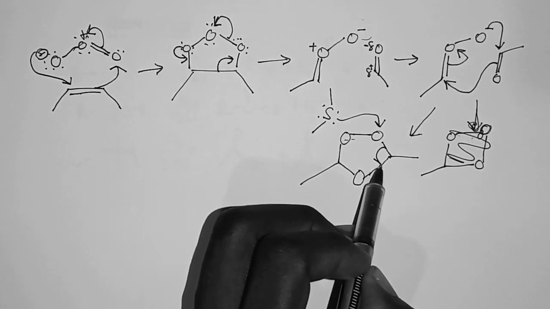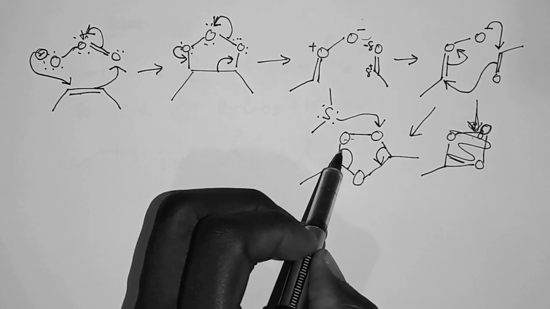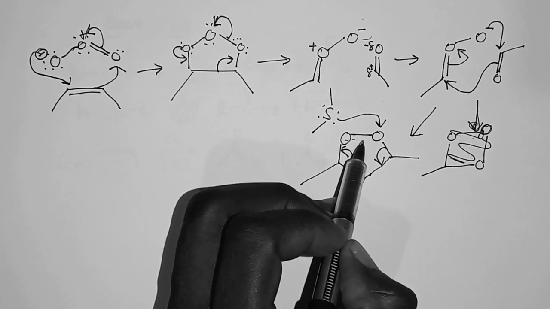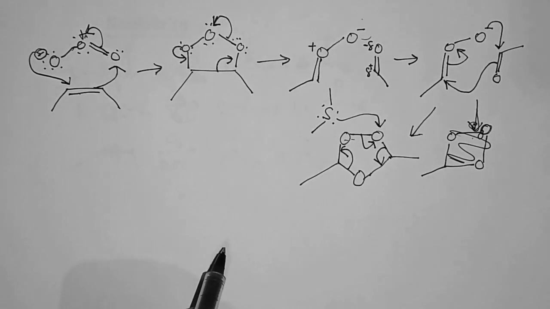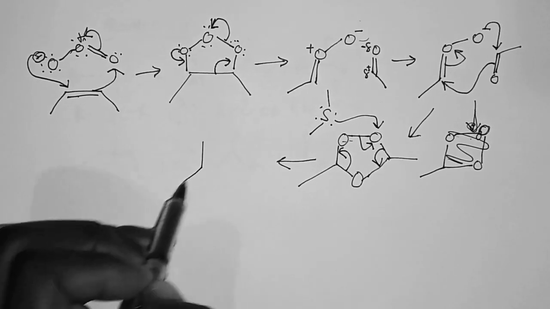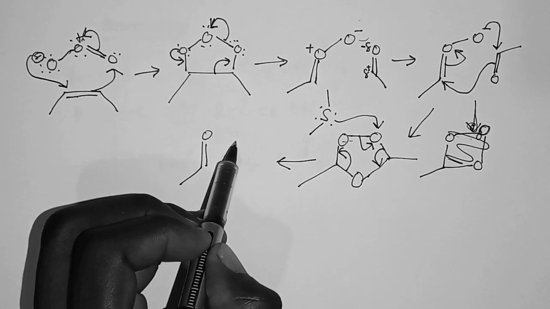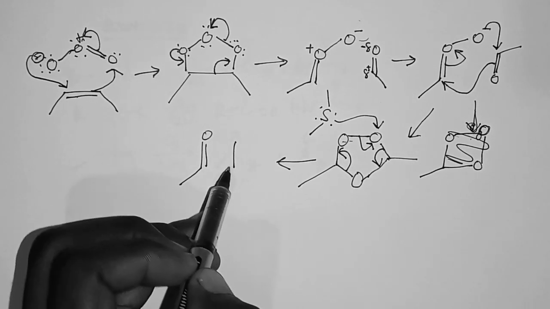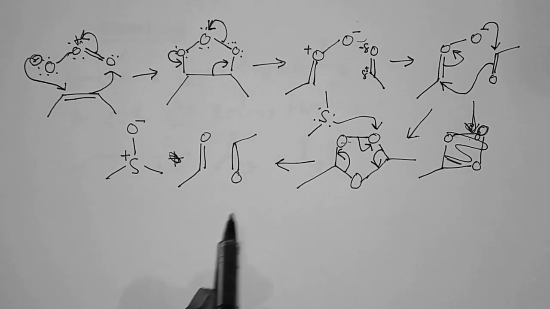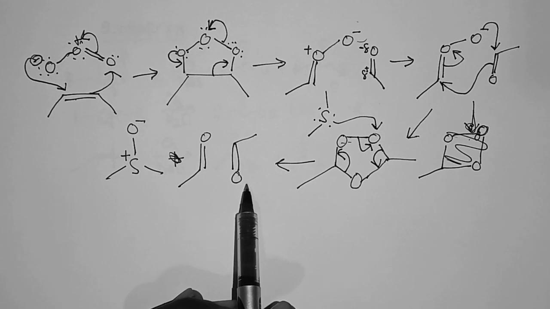That will cause this bond to cleave, and when it causes this bond to cleave, it will also cause this one to cleave, shifting the pair of electrons back to this oxygen. So these are the intermediates that we are going to get from the cleavage.